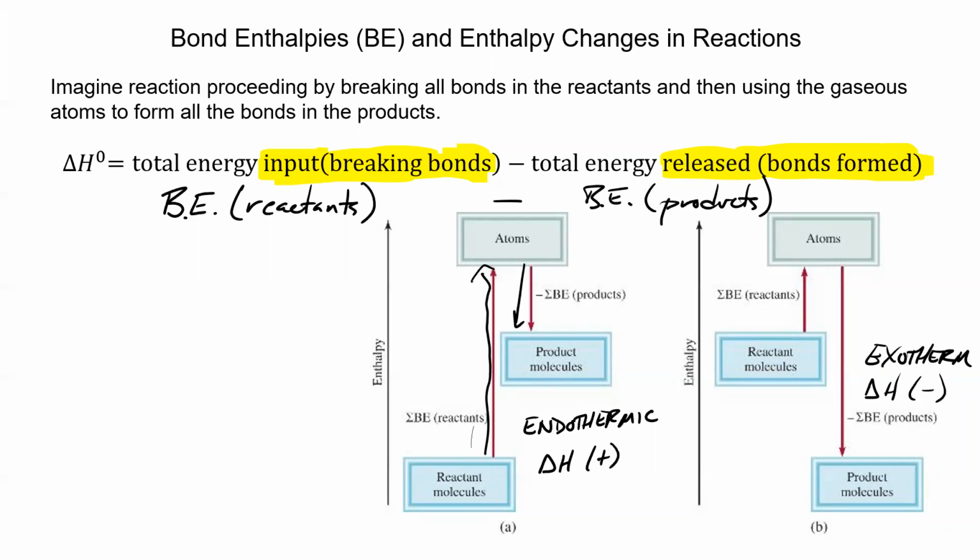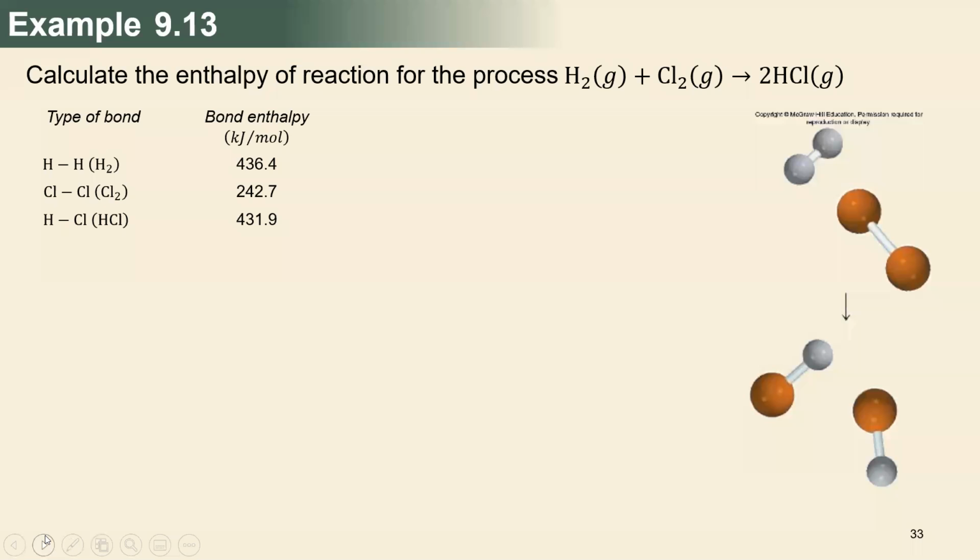Okay. All right, so let's do an example. The reaction of H2 plus Cl2 goes to 2HCl. I've pulled the bond enthalpies from the table for us, so that's a little bit easier. And here, in this particular example, it goes ahead and gives us those structures, right? This is nice.